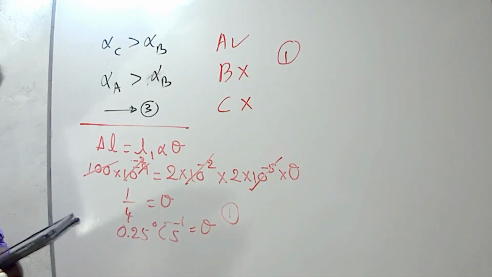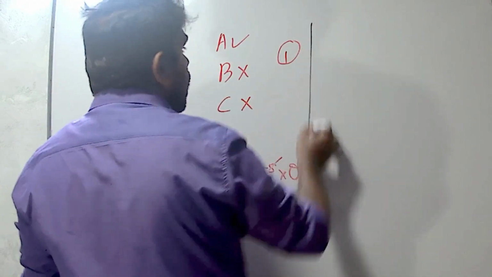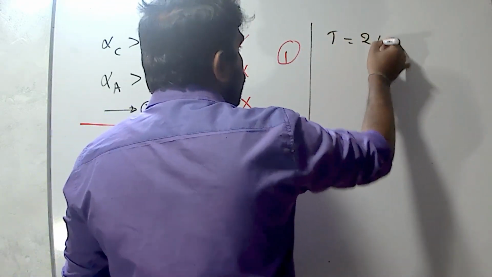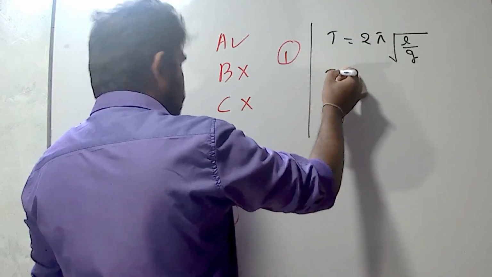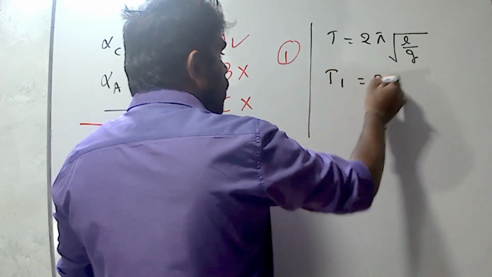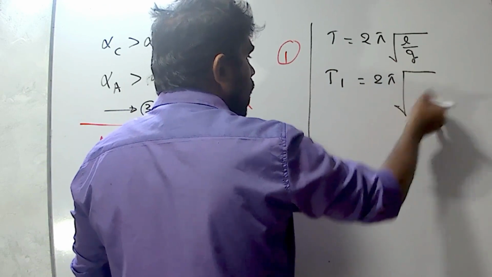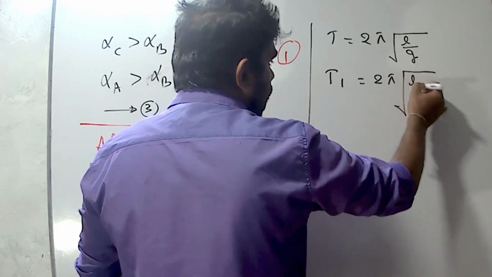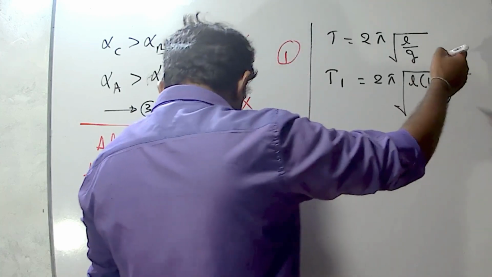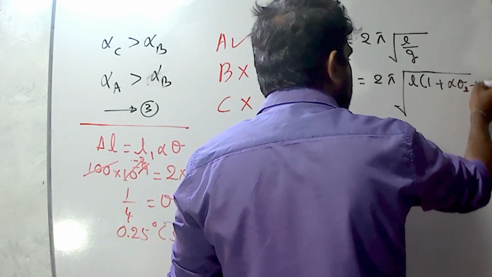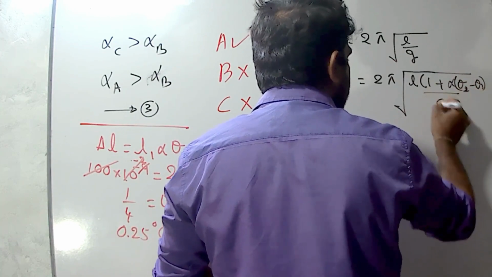Then we can get the initial period equals 2 pi root L over g. The final period T2 equals 2 pi root of L into 1 plus alpha, temperature difference theta 2 minus theta 1, divided by g.